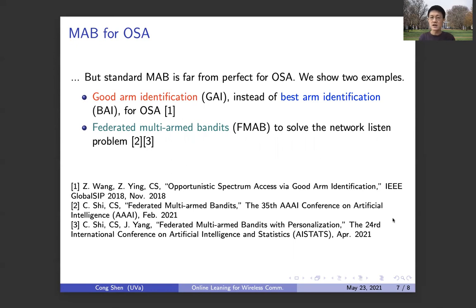This is a shining example of developing bandit algorithms that are motivated by requirements in wireless communications. It attempts to solve the so-called network listen problem in channel selection in a cellular network, so we'll be discussing this too. These two are based on two of our recent papers in IEEE and AI stats.